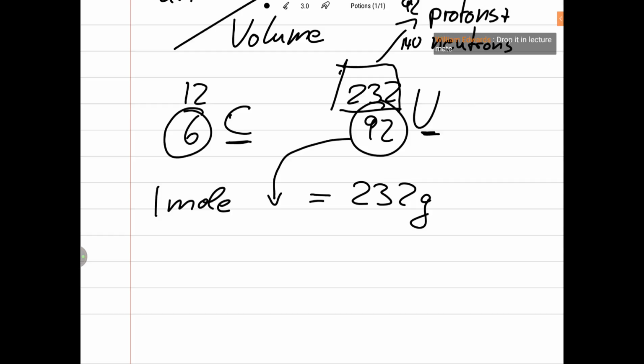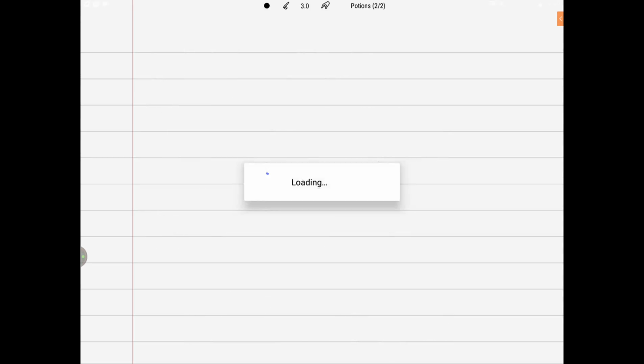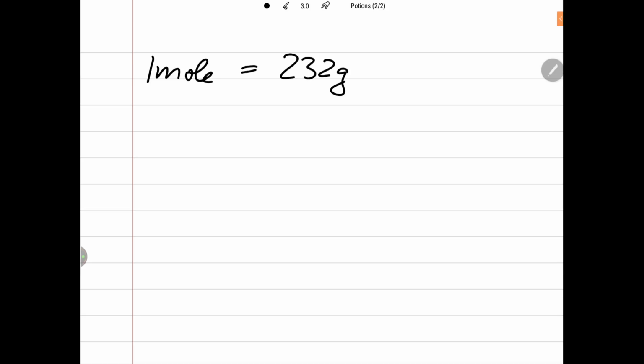So that is what you can figure out from this number. 1 mole is equivalent to 232 grams. So let me write that down. 1 mole equals 232 grams. I can also write this as 232 grams equals 1 mole.